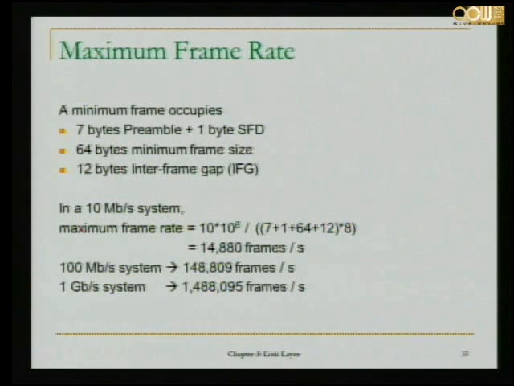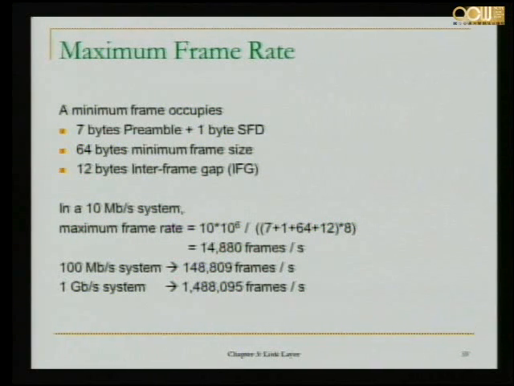And if it's a 10 megabit per second Ethernet, how many frames can you transmit at most per second? Then it'll be 10 multiplied by 10 to the order 6, divided by the minimum frame size in bytes multiplied by 8 bits per byte. So you get about 14,000 frames.